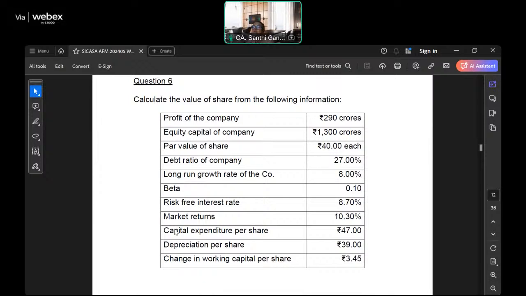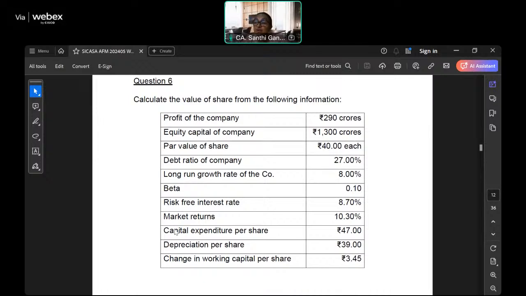The free cash flow for equity is the cash that freely flows from the company to equity shareholders after meeting claims of all other stakeholders. Now, free cash flow is important because it allows a company to pursue opportunities that enhance shareholder value.